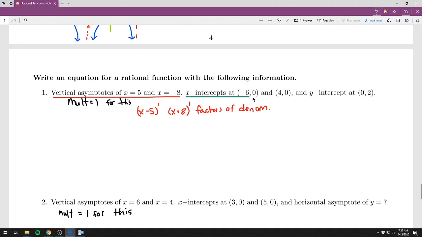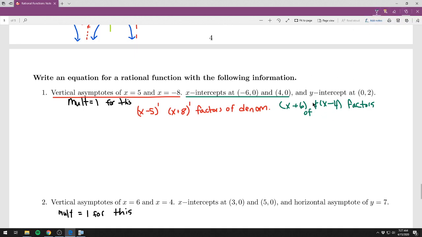We are told that we have x-intercepts at (-6, 0) and (4, 0). Well, x-intercepts are telling us what our factors of the numerator are. We got x plus 6 and x minus 4 are factors of the denominator. Sorry, not the denominator, the numerator.